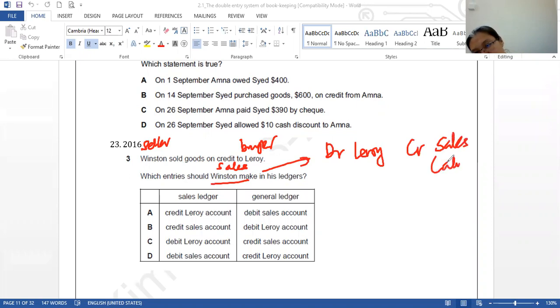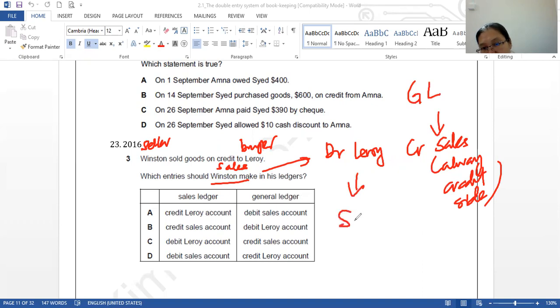Sales are always on the credit side because the sales account is giving out. The sales account is under the general ledger, and Leroy is under the sales ledger. So the sales ledger should be debit. Only one choice that you have.